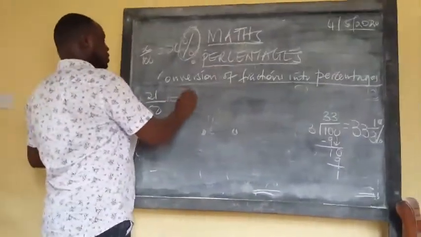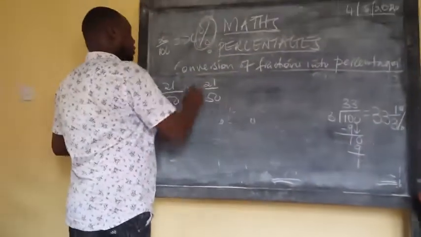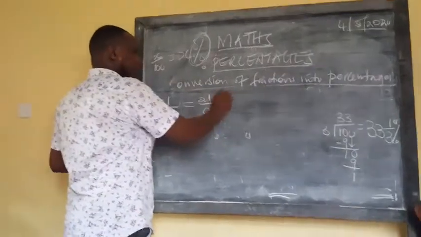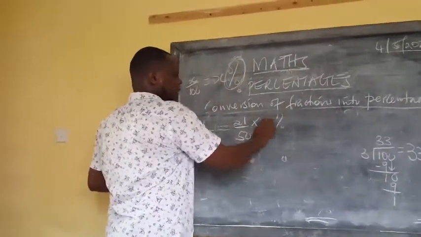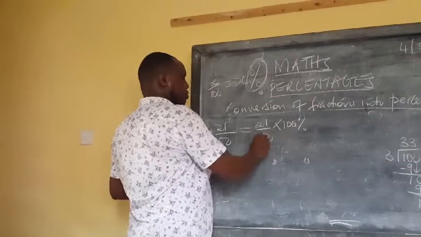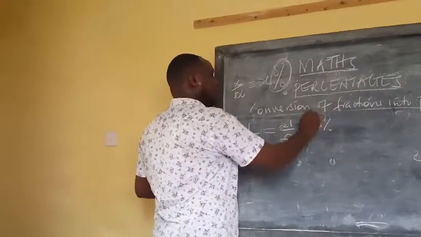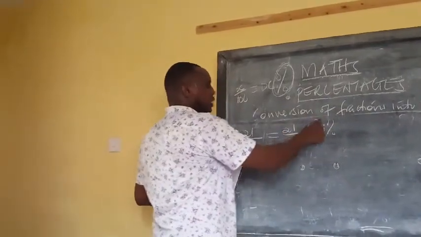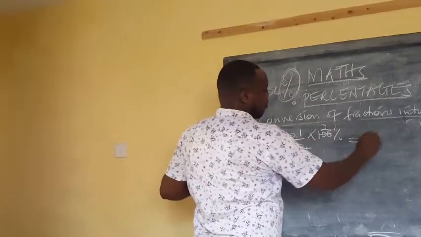Now this simply means 21 out of 50 multiplied by 100%. By 50, 1; by 50, 2. So this is 21 times 2. That gives you 42%.